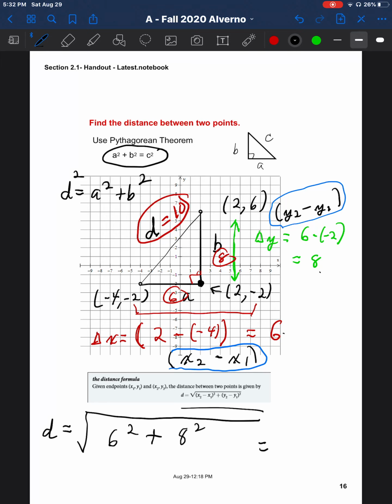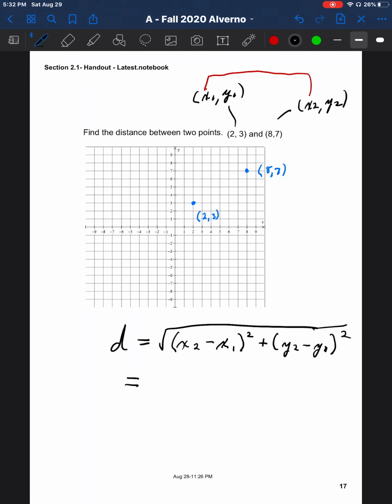And together, when we do this, this is the square root of 36 plus 64. That's the square root of 100, and that's equal to 10. So what that tells us is that this value here, the distance, is equal to 10. Where the one side is 6, the other is 8, so that's the distance between those 2 points using the Pythagorean theorem.